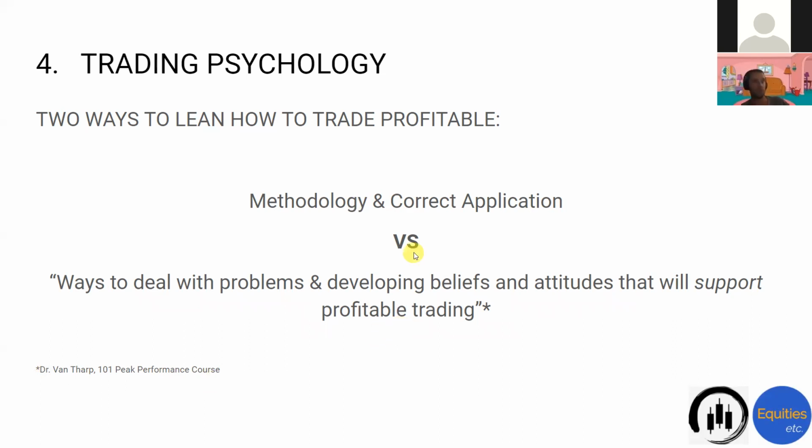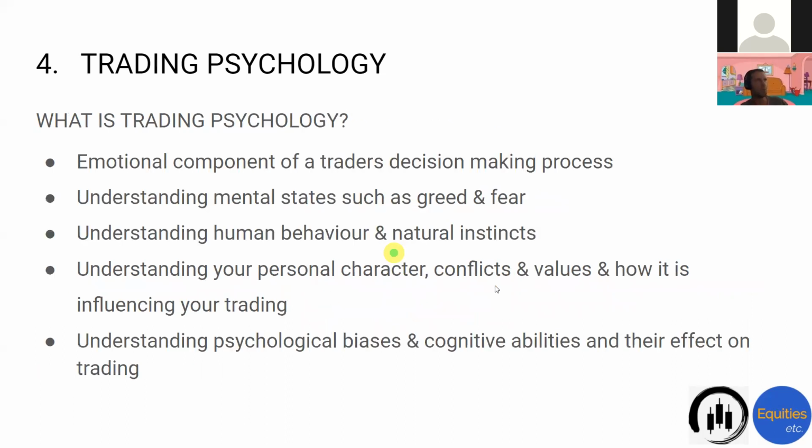Very, very important. Those are two very, very different things. Just a summary of what trading psychology is: it's the emotional component of a trader's decision-making process. And you basically have to understand your mental states, such as greed and fear, and what they mean for your trading.